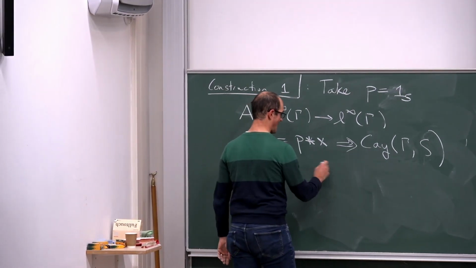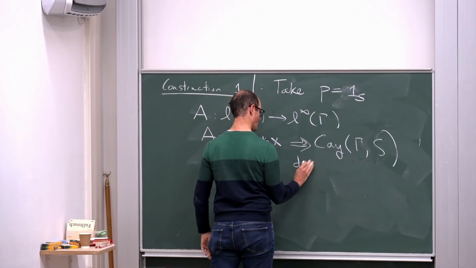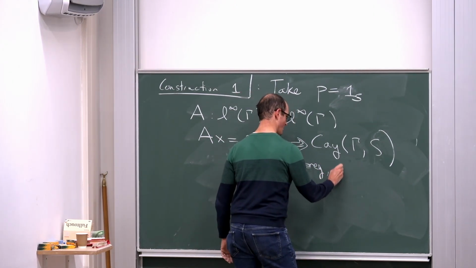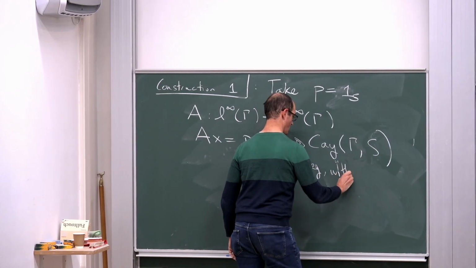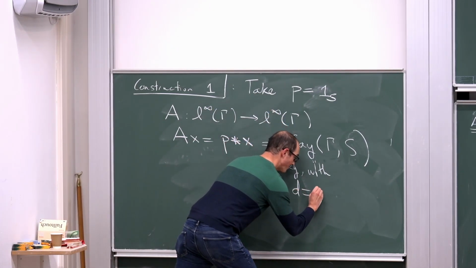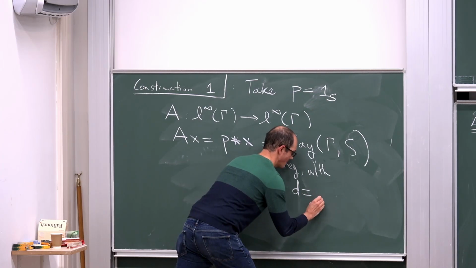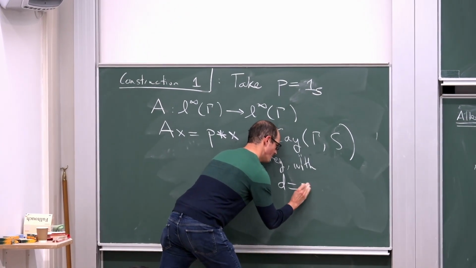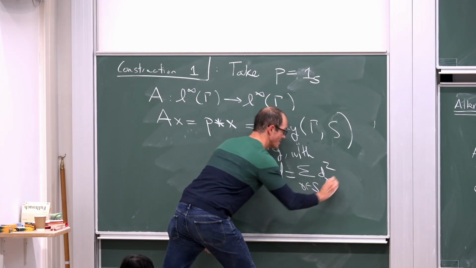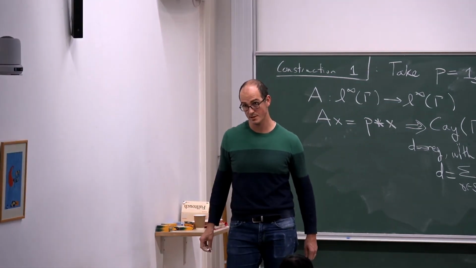Okay, and this is D-regular with D equal to basically the sum over gamma in S of the dimensions of the matrix algebras associated to gamma.